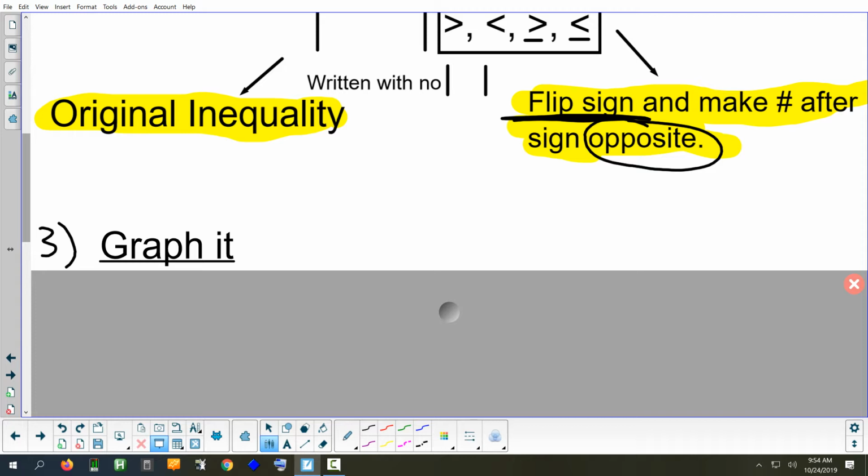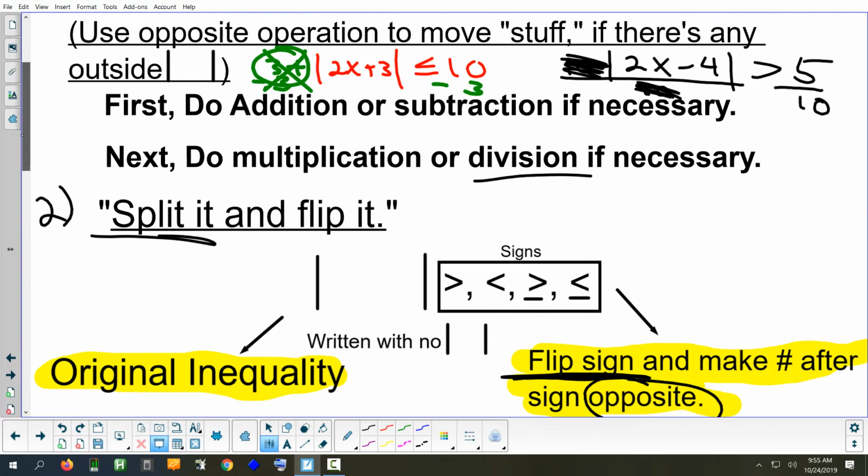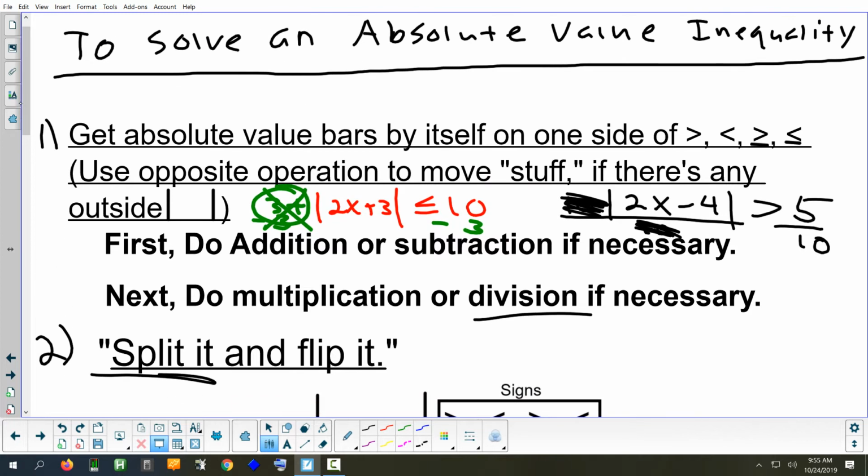Okay, and then the last step on a lot of problems is going to be to graph it. Now, the graph is going to depend on what the original problem was. Was the original problem a less than, or was the original problem a greater than? That's going to make a difference when we graph it.